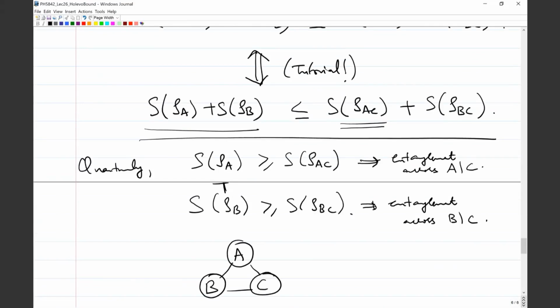While A can have a certain amount of entanglement with C, and B can have a certain amount of entanglement with C, the entanglement that C can have with A and with B is globally constrained. And this constraint is what is often called monogamy of entanglement.